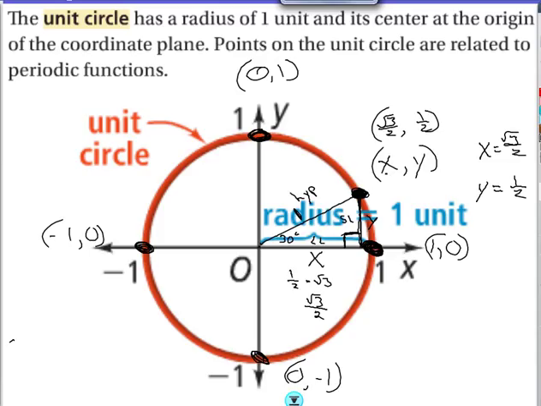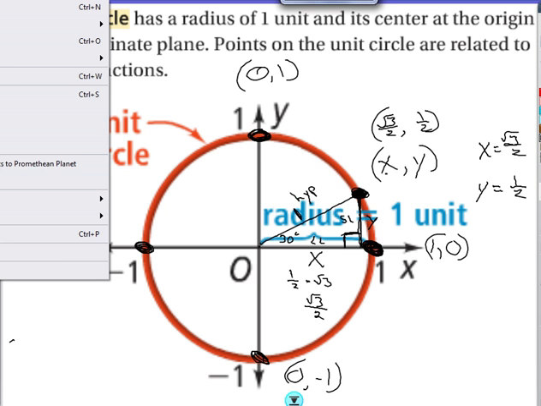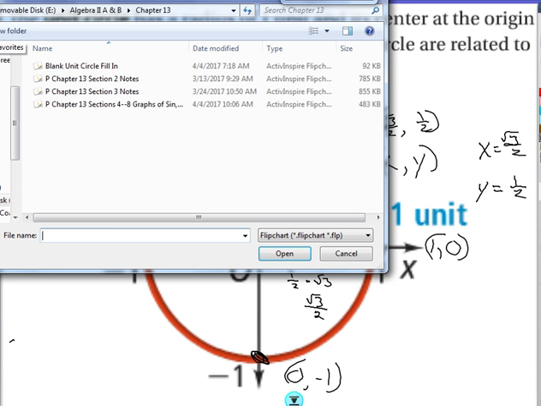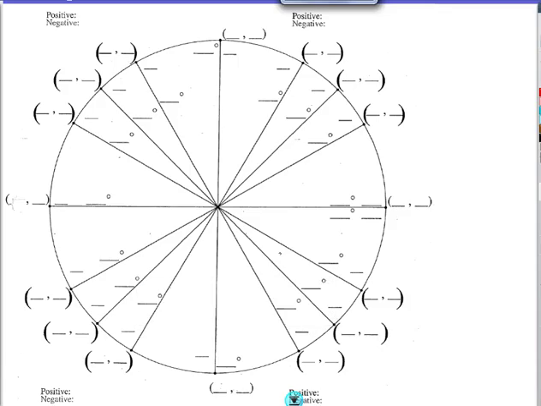So the one that has the little degree mark, you can put 30 degrees there, and the coordinate of the point. So we can put 30 degrees, and we can put the square root of 3 over 2, 1/2. Also around, you have filled in those around. Okay? Is everybody with me on that?